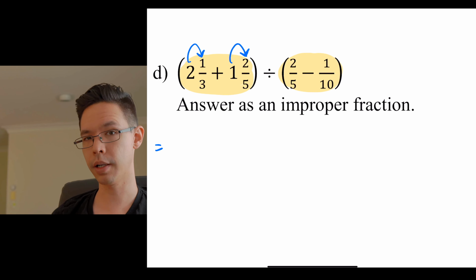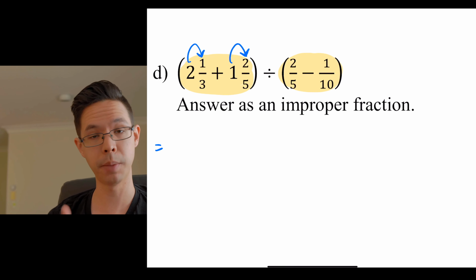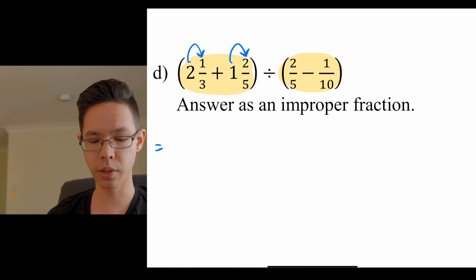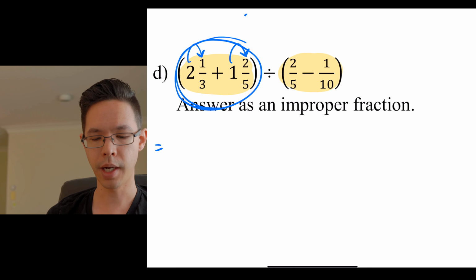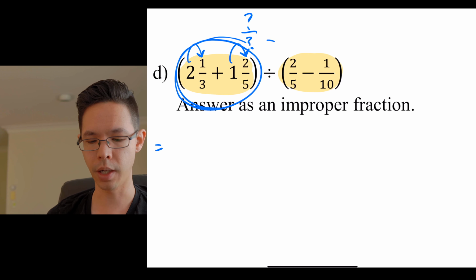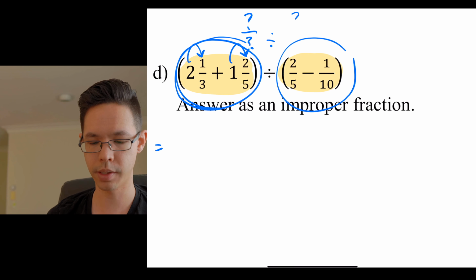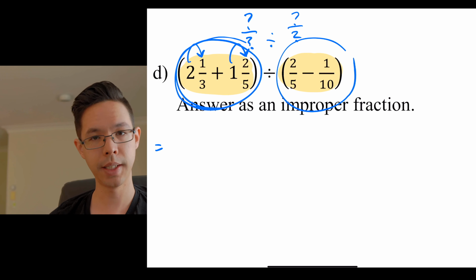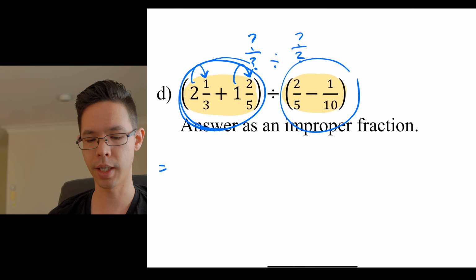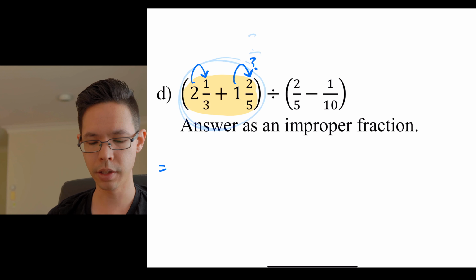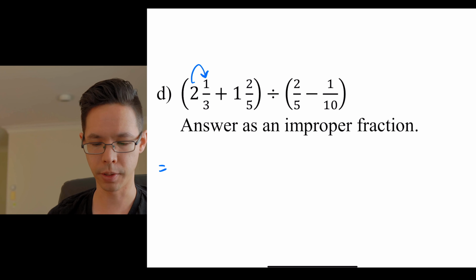I am going to turn them both into improper fractions first, because once I've added these together, I will have some fraction that I will need to divide by some fraction. So it'll be easier for me if I just have improper fractions here. You'll see what I mean when we get down the road.